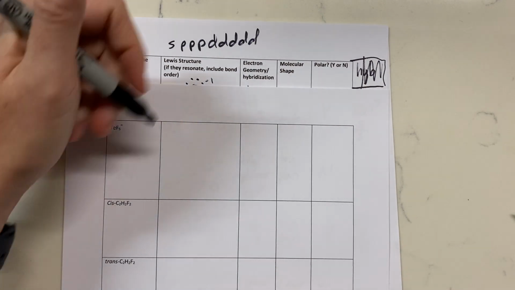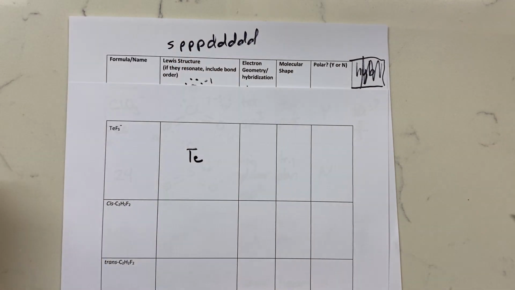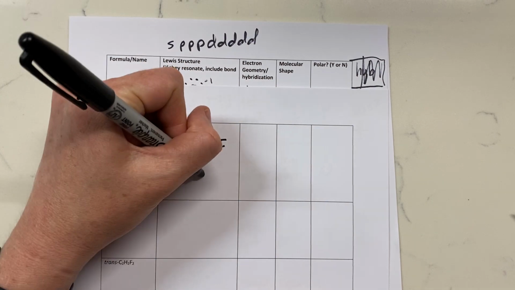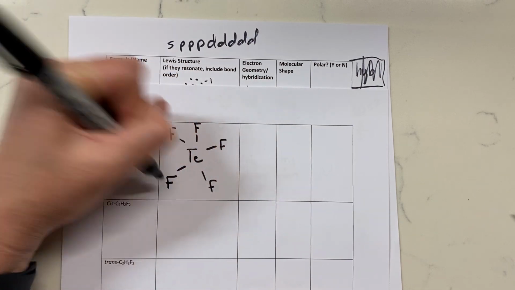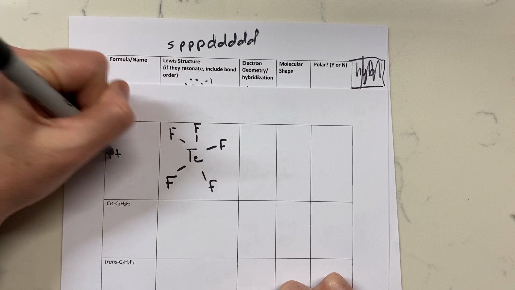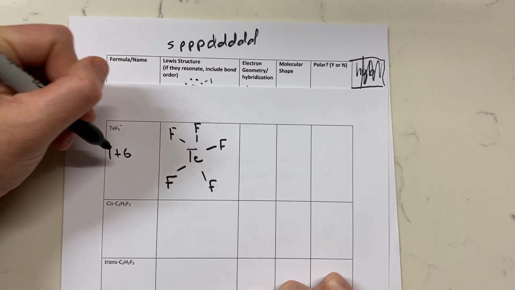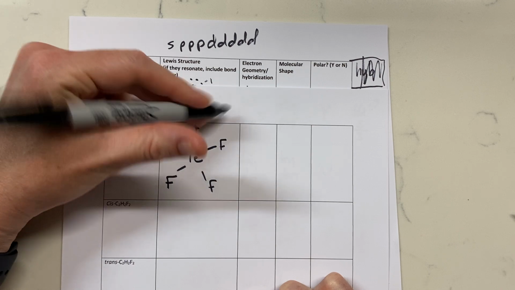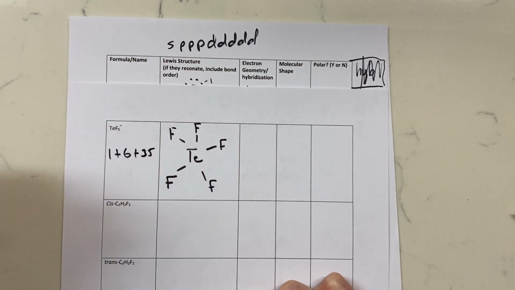Tellurium. So this in the center, and we've got 5 fluorines around it. If I calculate the total number of valence electrons, don't forget that it's a -1 charge. So I've got 1 plus 6 from the tellurium plus 7 times 5 is 35.